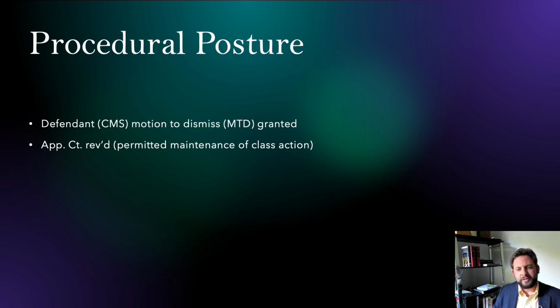In this case, what happened at the trial court level was that, like every trial, the case began with the plaintiff filing a complaint, and after the complaint was filed, the defendant had two options: to answer the complaint and proceed with the suit, or to move to dismiss the complaint.